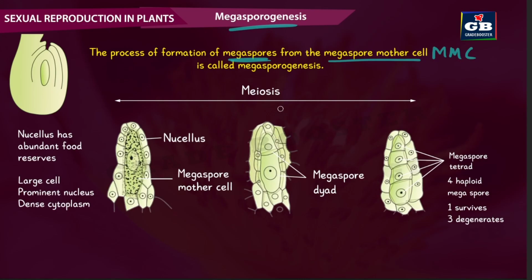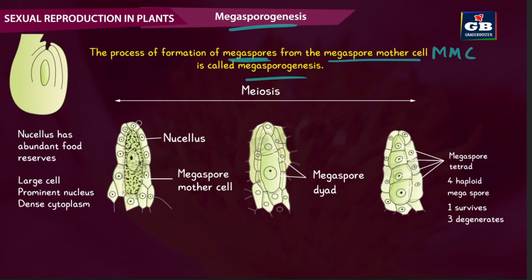Megaspores are formed from the megaspore mother cell, and this process is called megasporogenesis. Megaspores are the embryo sacs. So this embryo sac is formed from the megaspore mother cell.